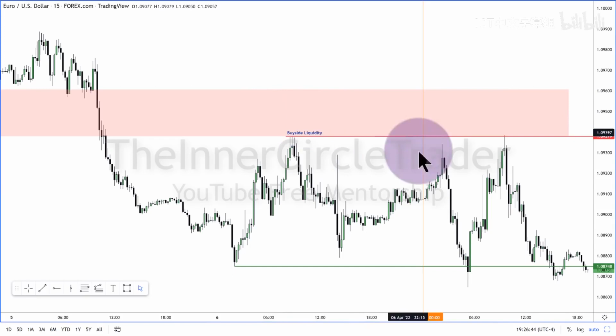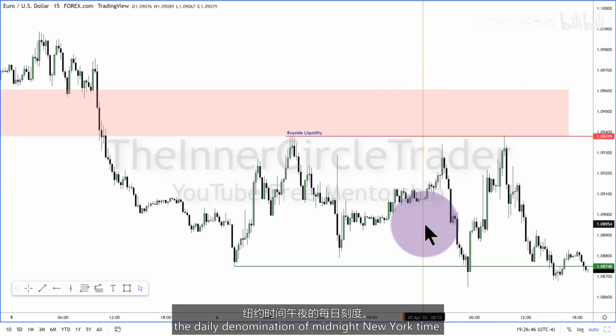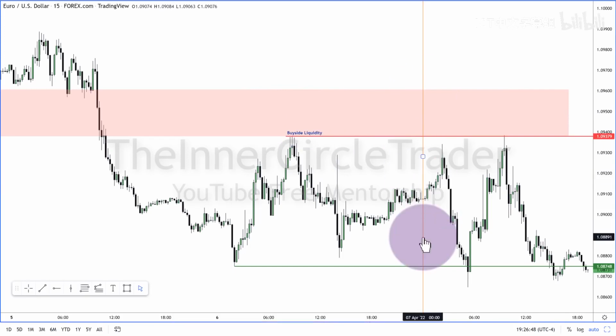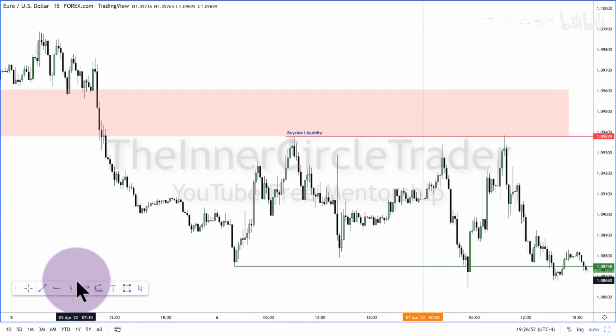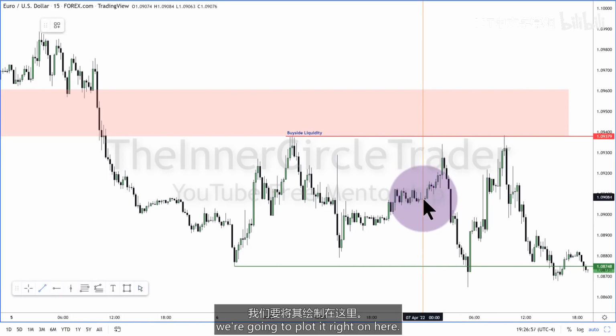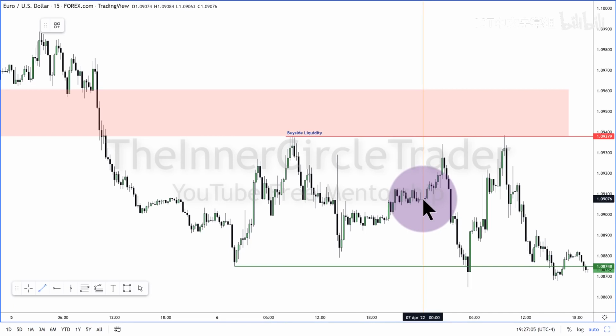All right, so now we have the buy-side liquidity pool, the daily delineation of midnight New York time, and we're going to take a little line segment here, and we're going to plot it right on here. Now I'm just going to rough it because it's basically a little tiny indecisive candle. I don't care about the difference between the actual open and close. It's very minute.